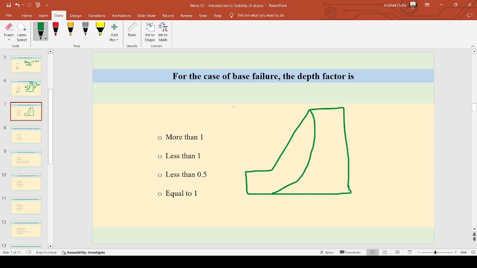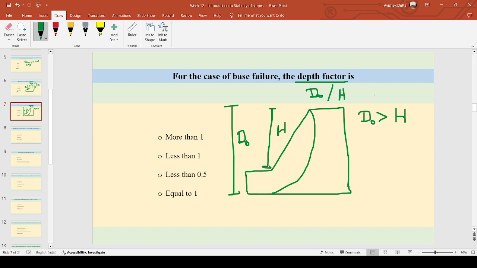Again, the depth of failure is this one, D0, but the height of the slope is this one, H. So we can say that D0 here is more than H, or the depth of failure is more than the height of the slope. So depth factor, that is D0 divided by H, will be more than 1, since D0 is more than H. So the depth factor will be more than 1.